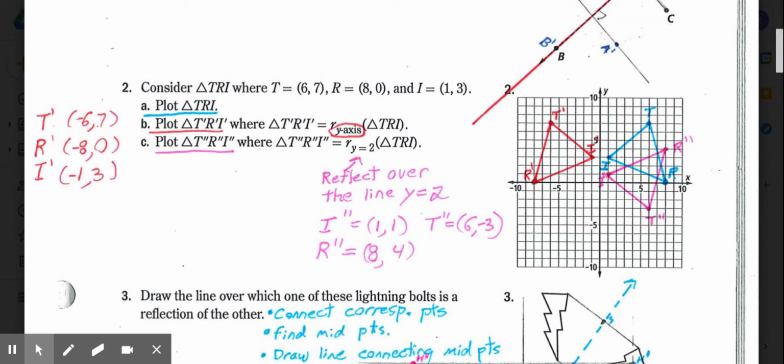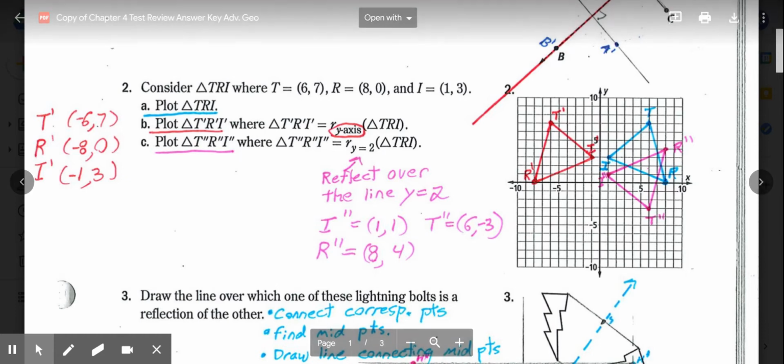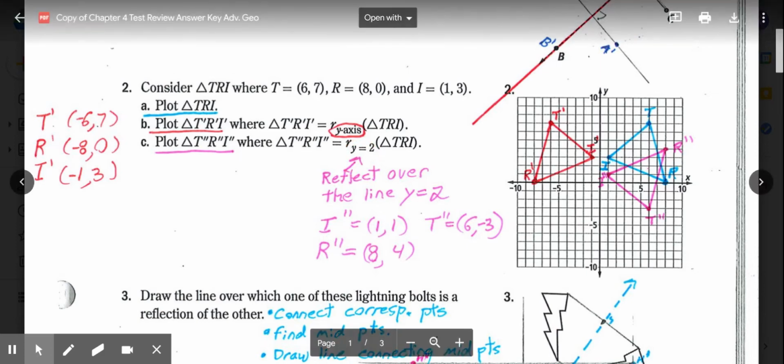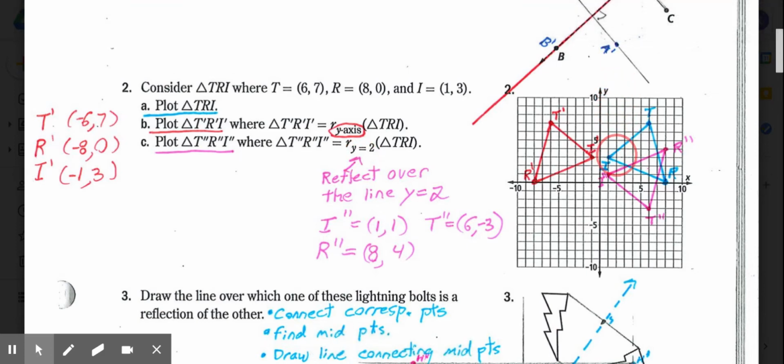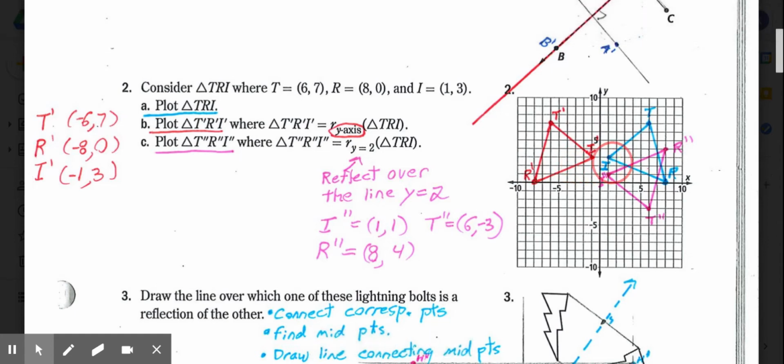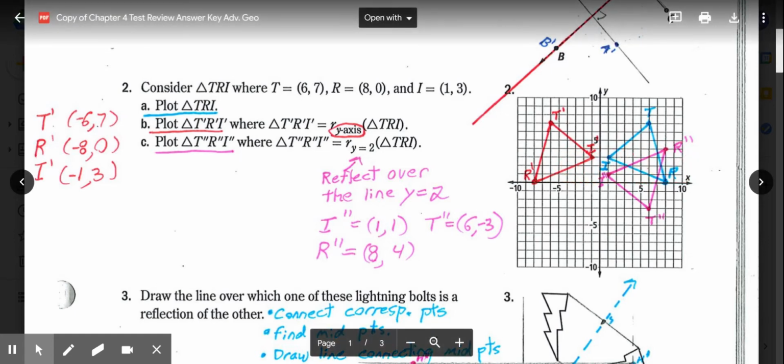And then in part C, plotting T double prime, R double prime, I double prime, where that is a reflection of the original triangle over the line y equals 2. That would be over a vertical line at y equals 2, or not vertical, sorry, horizontal. My apologies. A horizontal line at y equals 2. So we're going to go over the horizontal line here. Then we have to figure out how far away T is from y equals 2.